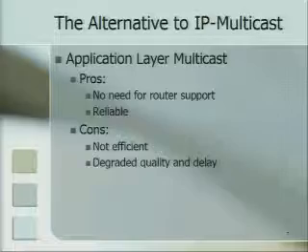The alternative to IP multicast, which has been around for quite some time too, is application layer multicast, which in this model for multicasting, the protocol doesn't depend on routers. Instead, the users will make some multicast tree among themselves and try to distribute it in an efficient way.